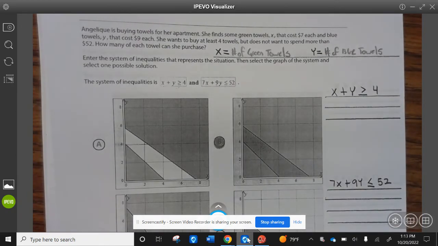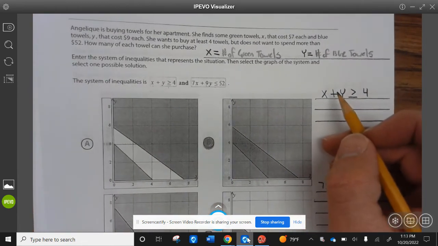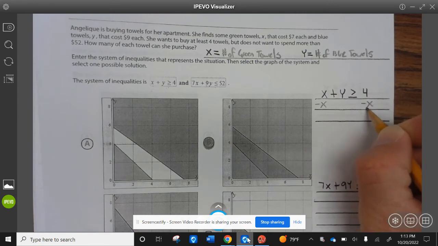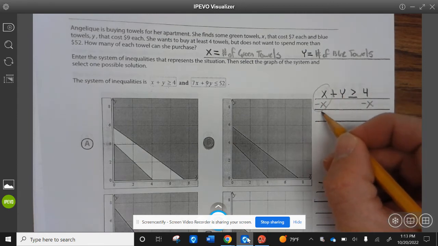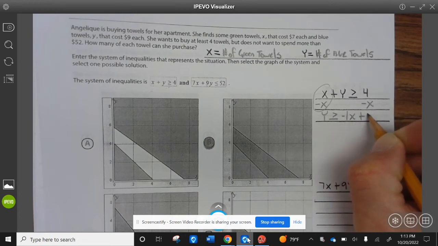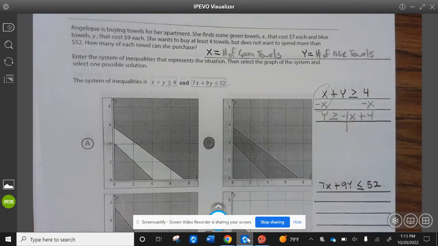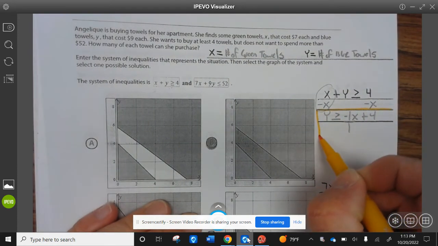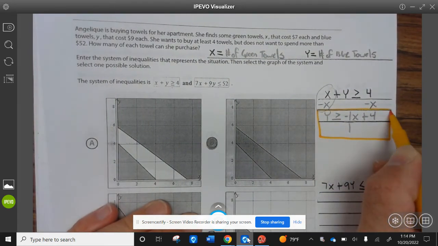Okay. Now, before we can graph, we need to solve this for y. So I'm going to subtract x from both sides. So then that becomes 0. You get y greater than or equal to -1x plus 4. Divide that by 1. And we're going to graph this in yellow.